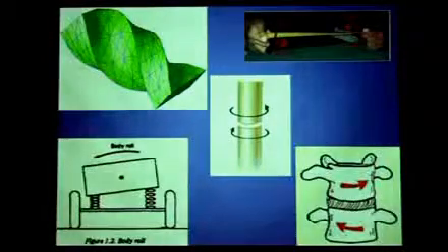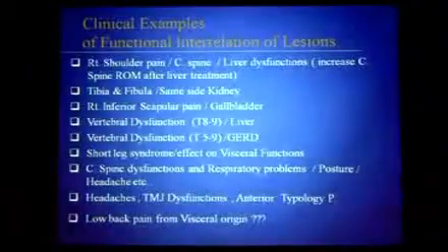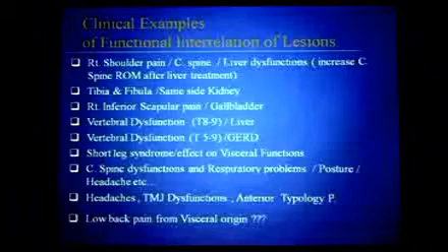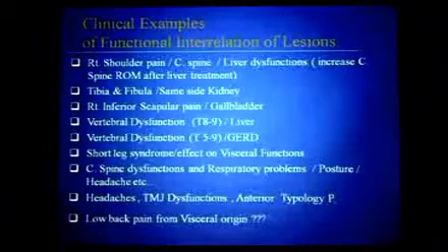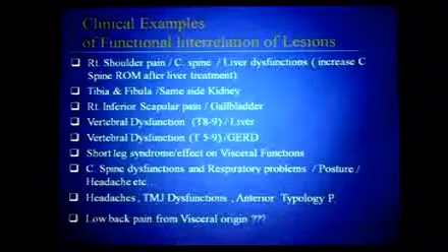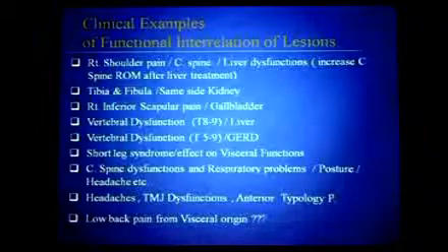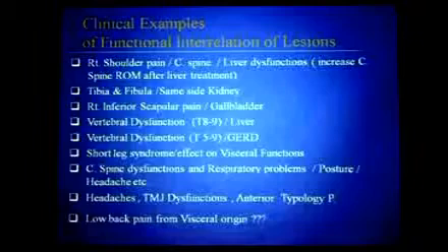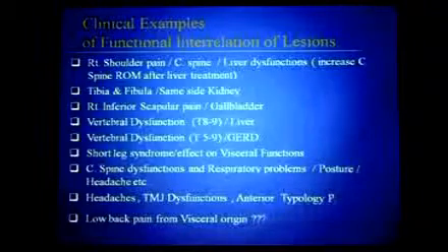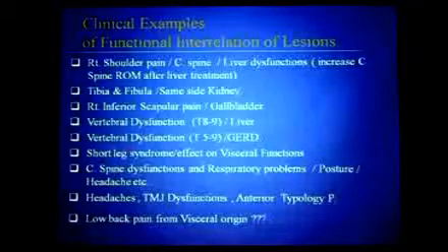And that's what fascia actually maintains. Well, for example of relationship, we can see a patient with shoulder pain, but that shoulder pain is not related to the shoulder, maybe related to the C-spine, or they have a liver dysfunction. We can see a patient with tibia fibular pain related to a kidney problem, same side. Inferior scapular pain, they have nothing in the skeletal system, but they have a problem with the gallbladder. That could be referred pain.